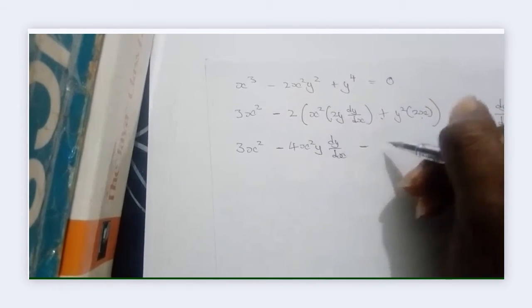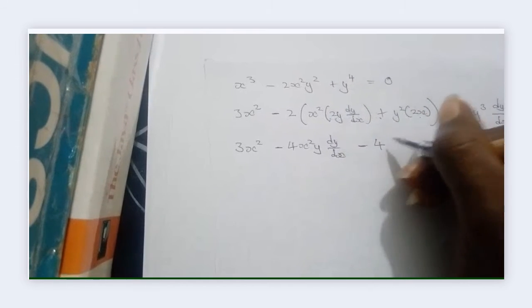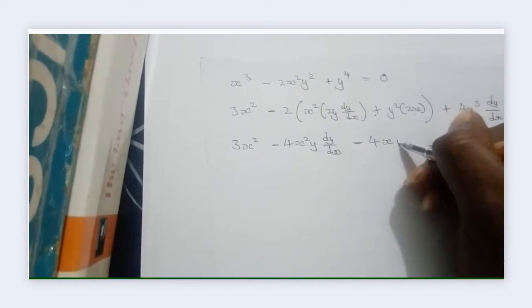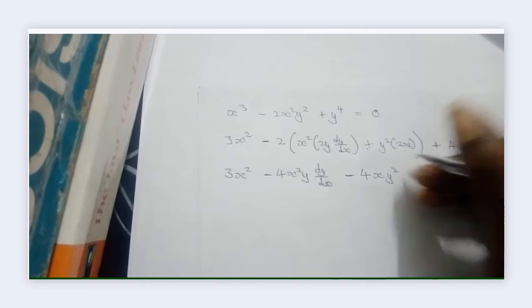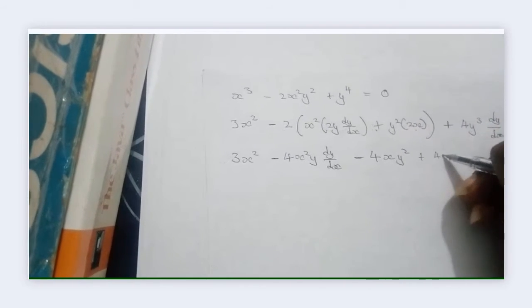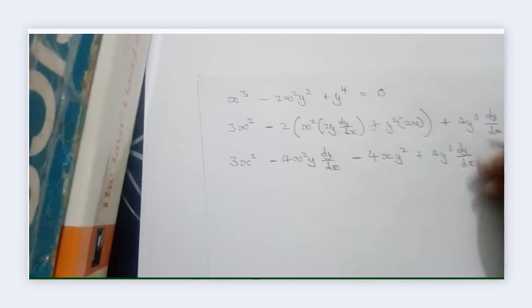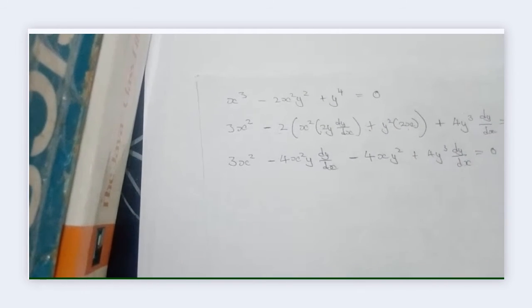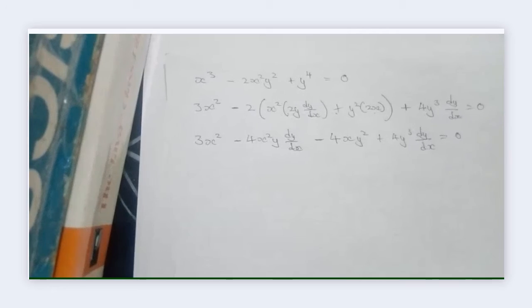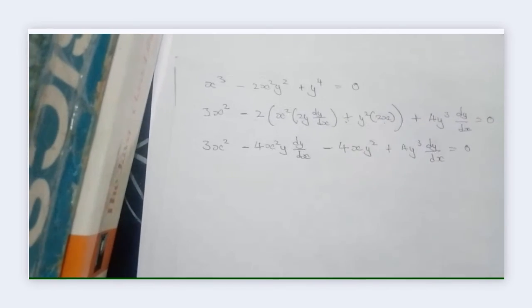So it's minus 4x y squared, right? Plus 4y raised power 3 dy over dx equals to 0, right? So I can now collect the like terms.